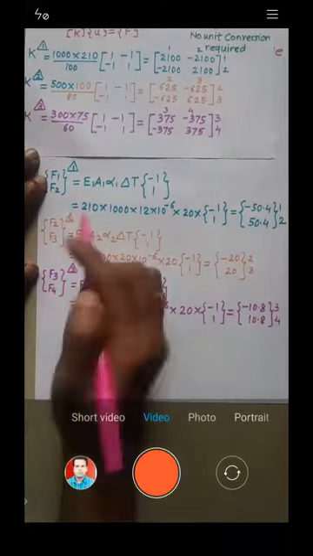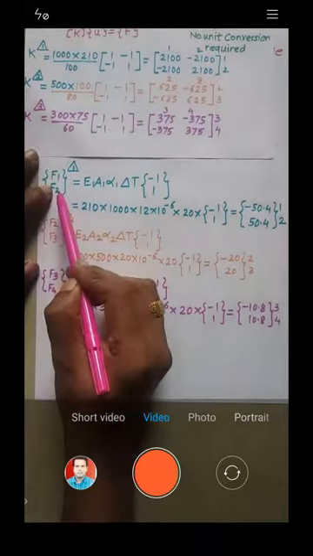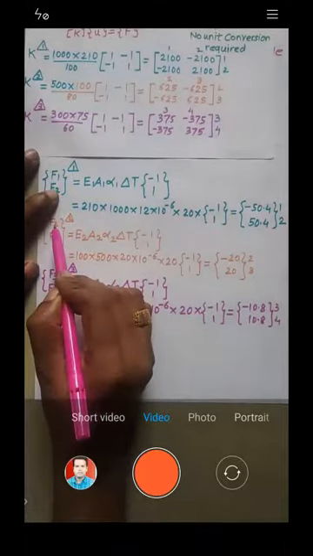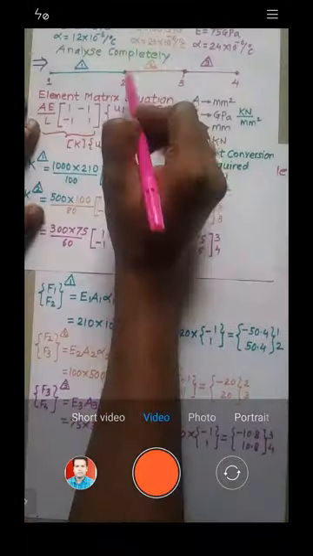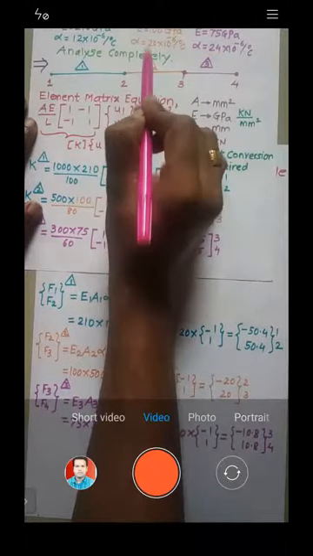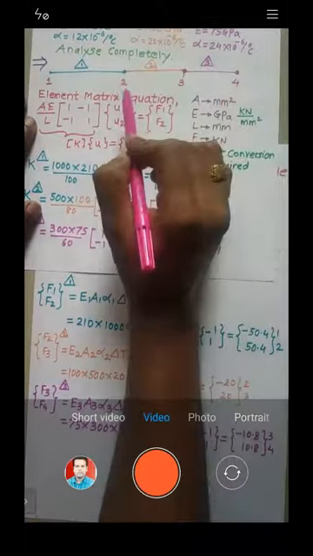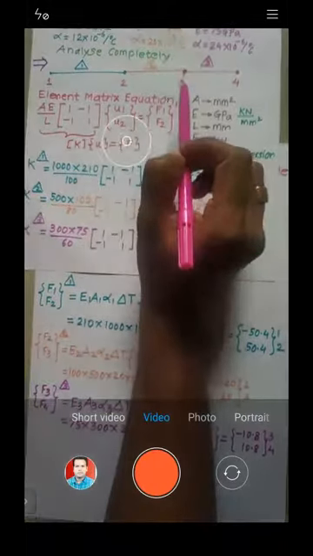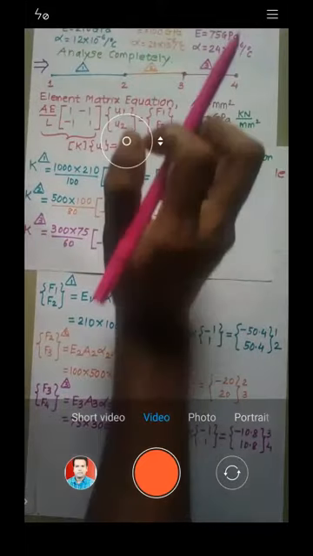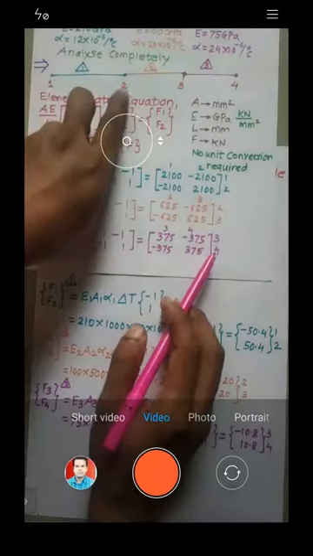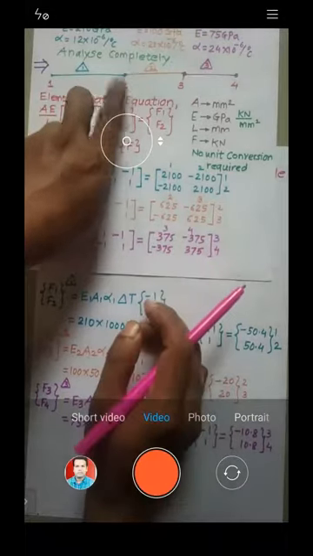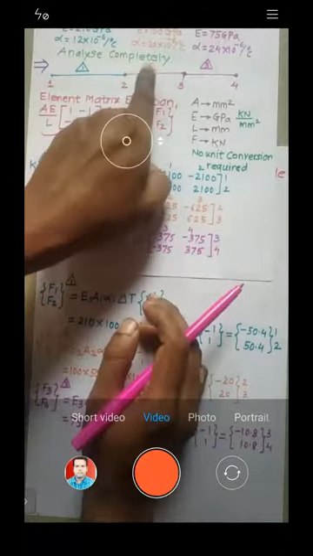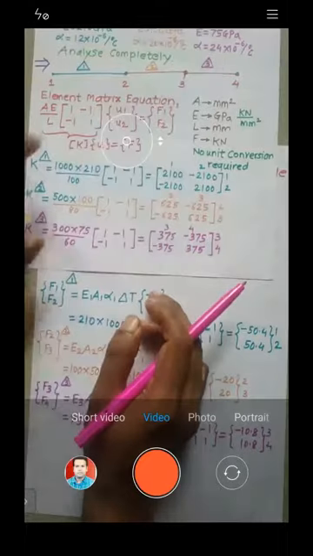But you can see that node 2 is shared between element number 1 and element number 2. Similarly, node 3 is common for element number 2 and element number 3. So on node 2 there will be the effect of element 1 and element 2, and on node 3 there will be the effect of element 2 and element 3, right?